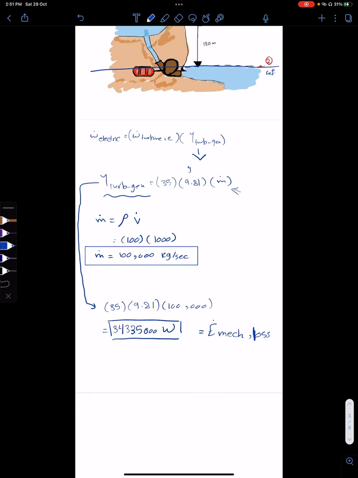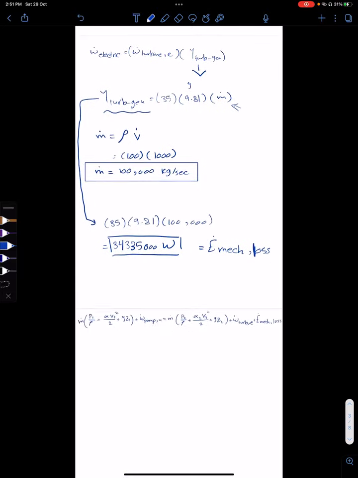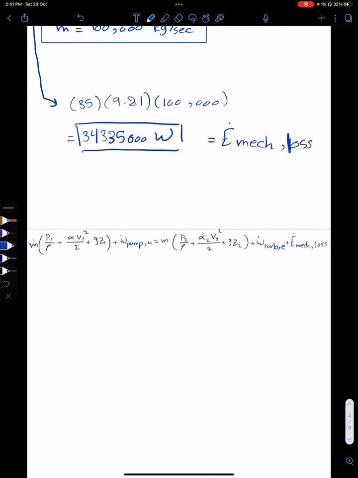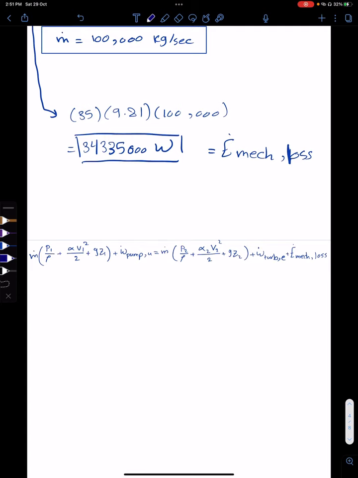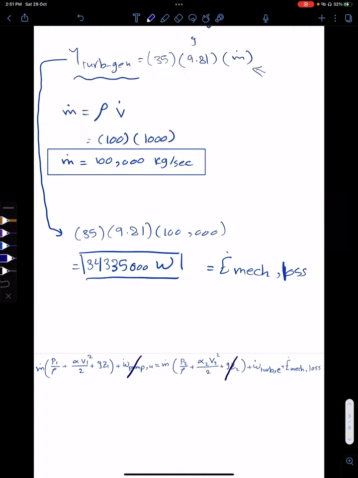Now that we got E mech loss, at this point we're going to be cancelling out so many things. To begin with, we will cancel out W pump because we don't have it. Another thing that we will consider to be 0 is gz2.